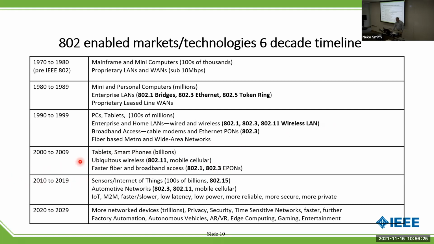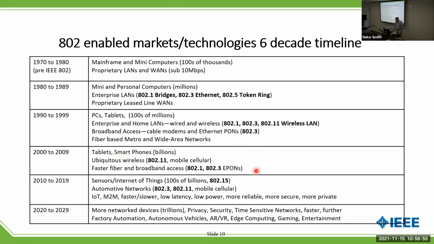So the following decade, we see tablets and smartphones numbering in the billions. We've got ubiquitous wireless, mobile cellular, and faster fiber and broadband access. So 802 branched out into these markets, and it became economically feasible to introduce 802.11 technologies into tablets and smartphones.